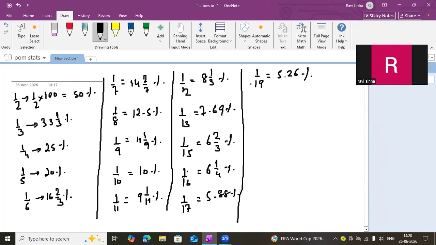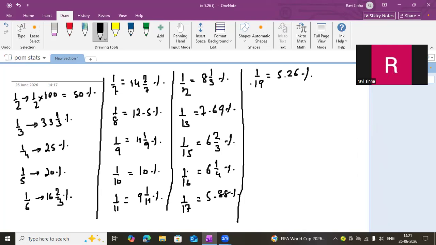So what we need to understand is we need to memorize these fractions converted into percentages. These are not many values, there are just 10 to 15 values which we need to memorize. And if you memorize these values, the rest of the calculations will become very easy to do.